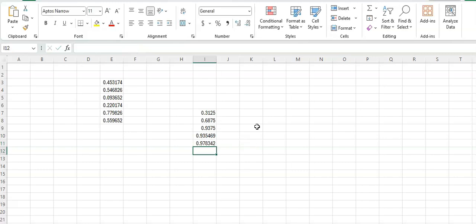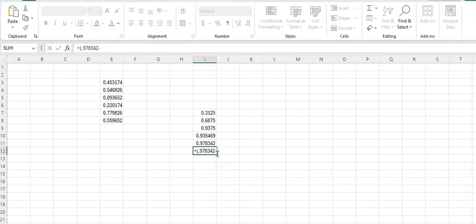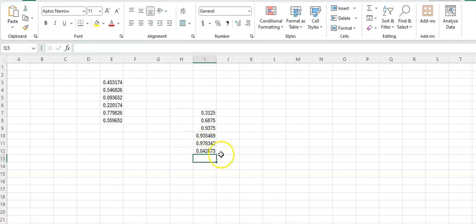If we subtract these two, the probability of x less than or equal to 7 minus the probability of x less than or equal to 6, we will get exactly the probability that x is 7. So let's just subtract these two. And we get our probability, and probably just 4 decimal places on this, 0.0429.